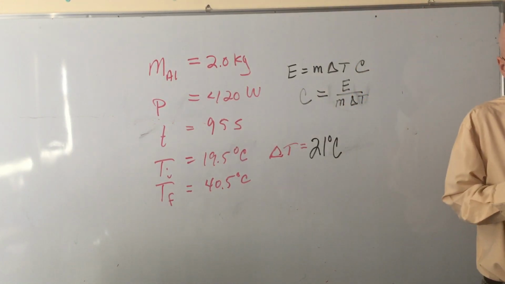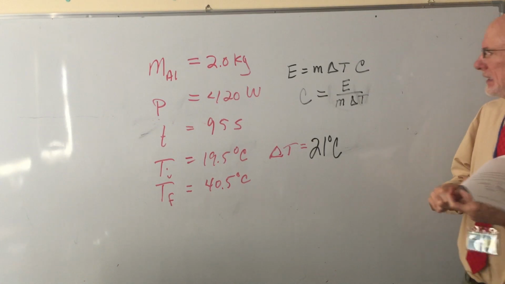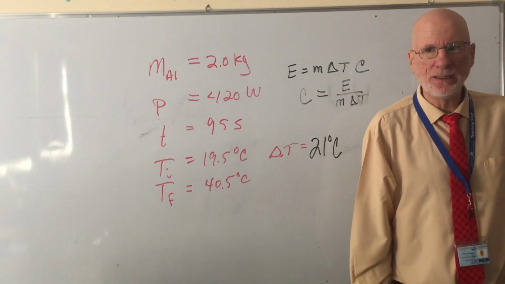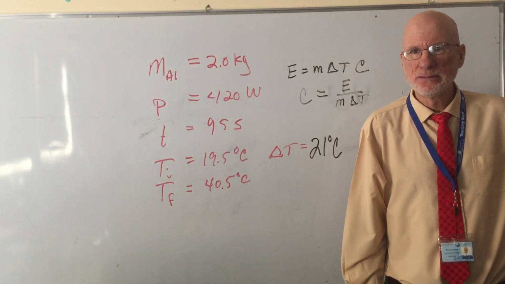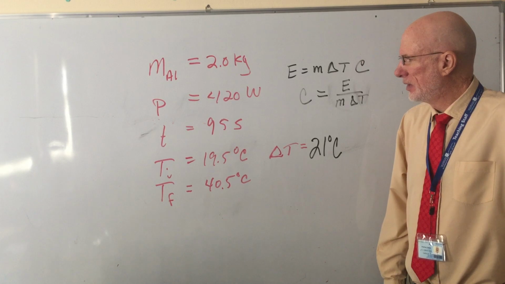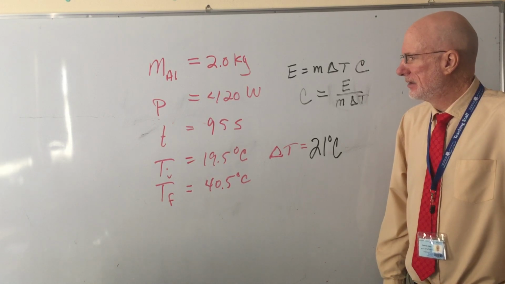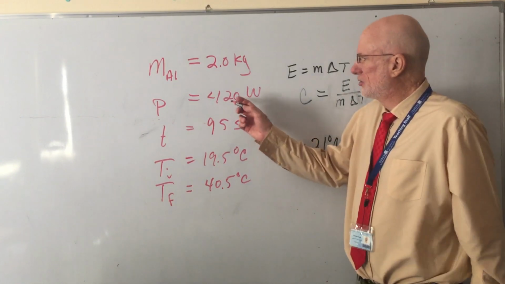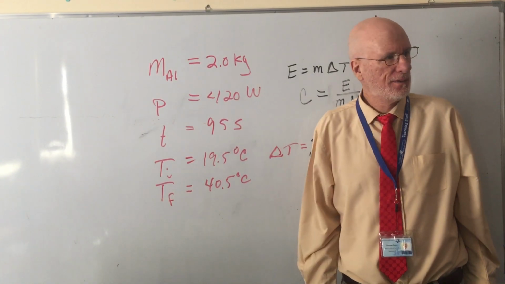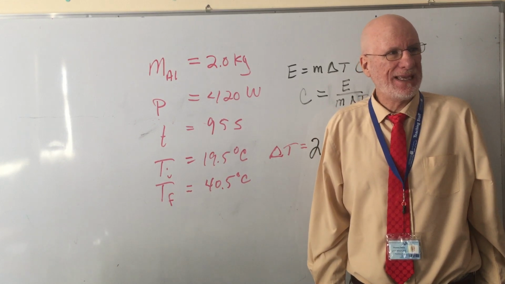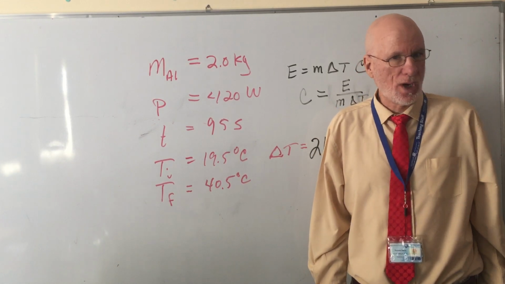Okay, good. So now we need to find out what E is. Shall we do E separately? What's E? Well, we know that the power is 420, correct? And we know that Pt equals work, correct?